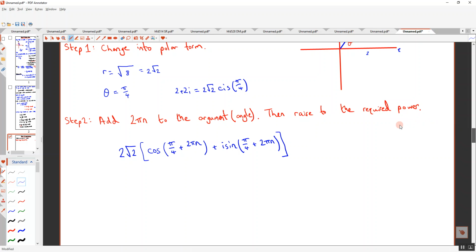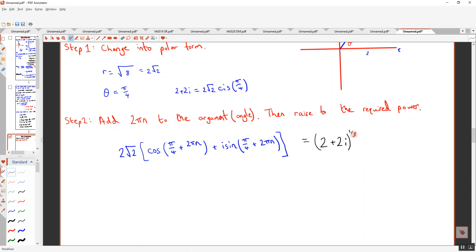We need to find the cube root. So I write this as 2 plus 2i. I want the cube root, so that's to the power of 1 over 3.